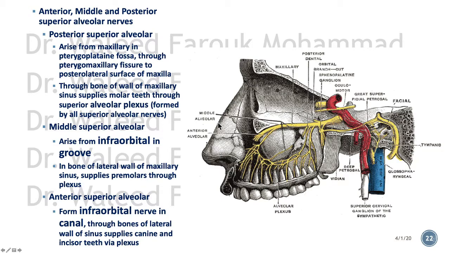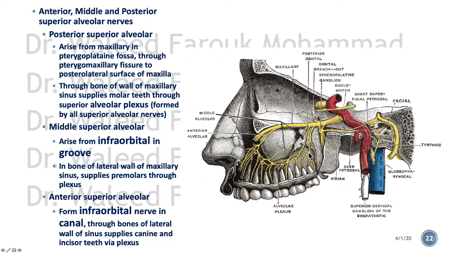Now the posterior superior alveolar, the same story, comes from the maxillary nerve in the pterygopalatine fossa and through the pterygomaxillary fissure, goes to the back of the maxilla, but it doesn't perforate in multiple branches, no, in one branch, goes through the maxilla, finds itself in the posterior wall of the maxillary air sinus, and in the bone it supplies the molar teeth.